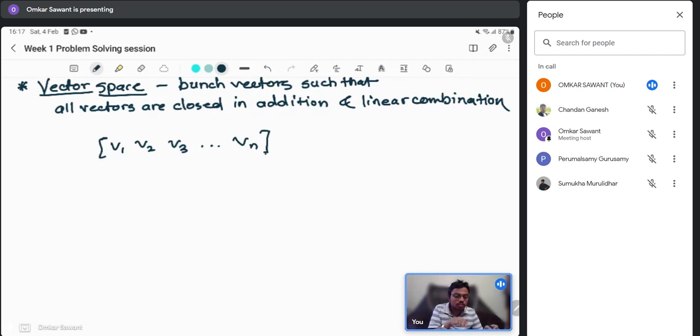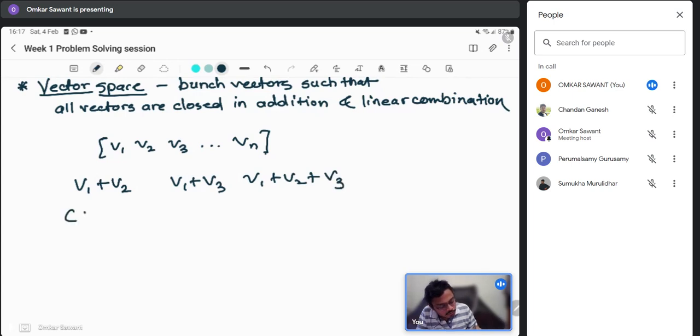We can say these vectors form a specific vector space only when v1 plus v2, v1 plus v3, v1 plus v2 plus v3, or c v1 plus w v2 are all elements of that vector space. Okay, is it clear? Sir, could you repeat once again, sir?